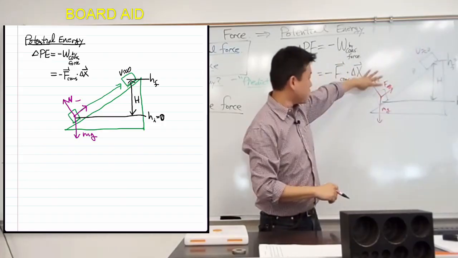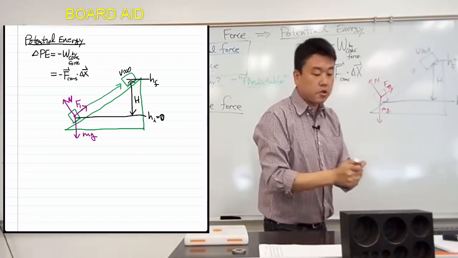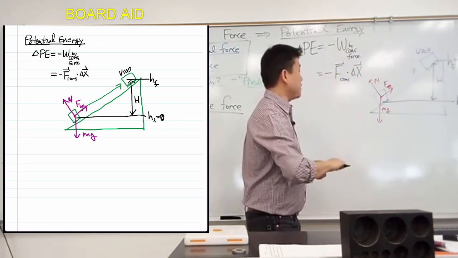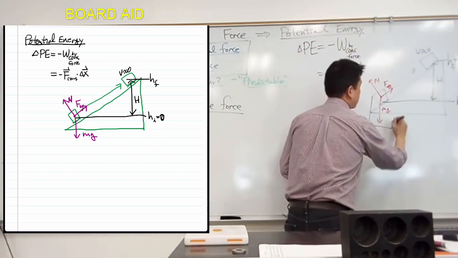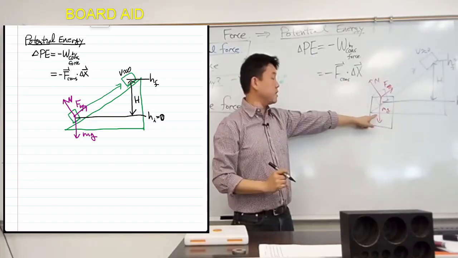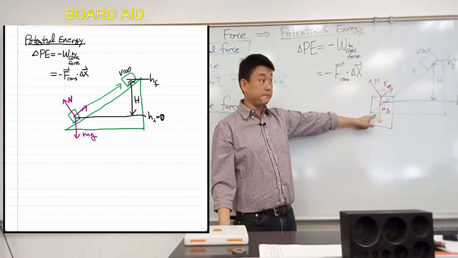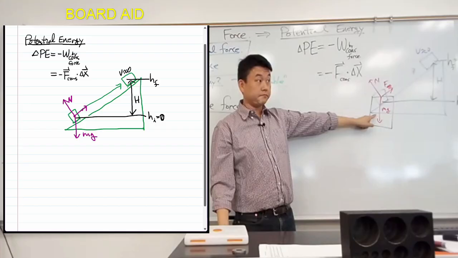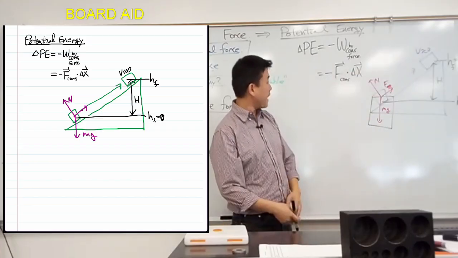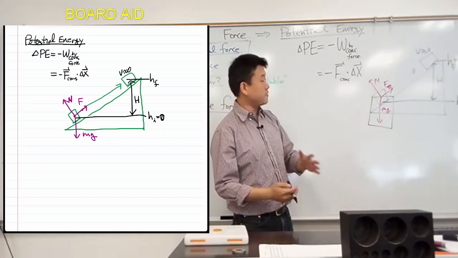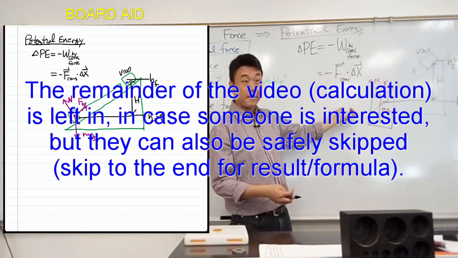There's all this picture in the background, but what I want you to pay attention to right now is the work being done by gravity. How much work is being done by the gravitational force? I guess the easiest thing to do is just go through the math and calculate it.